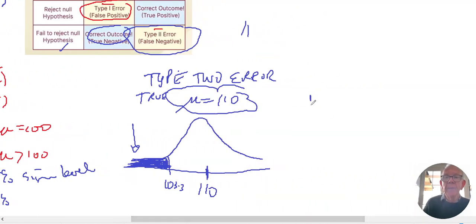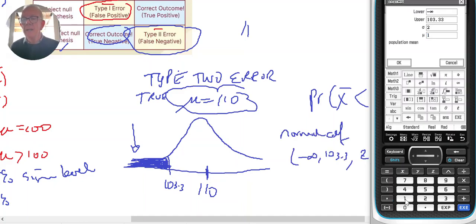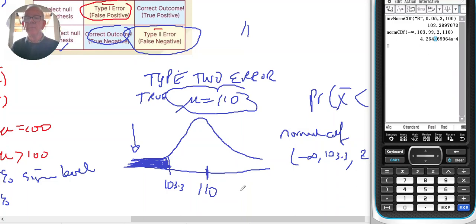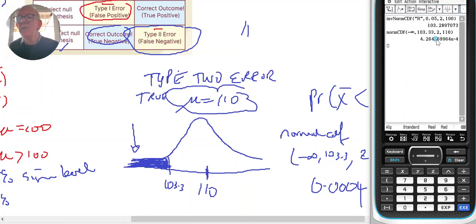And that's the probability that X bar is less than 103.3, given the mean is actually 110, not 100. And that will be with a standard deviation of 2, and my mean is 110, because I know that is the true mean. So that probability is 0.1234264.